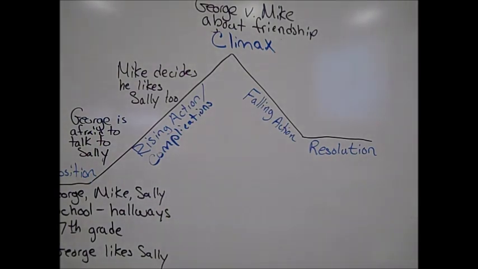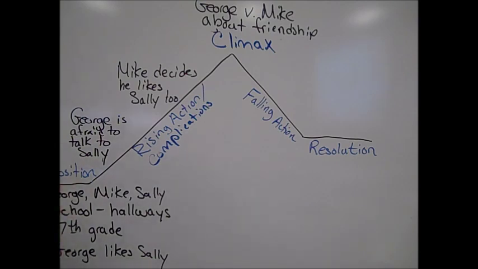Now, in this climax, they have a choice. They can either end their friendship and try to fight over Sally, or they can reconcile with each other. I like happy stories. So in this particular story, in the climax, George and Mike decide to reconcile. That it's better to be friends than to fight over a girl that they haven't really talked to that much.